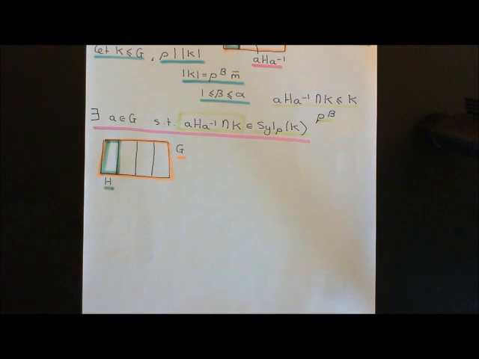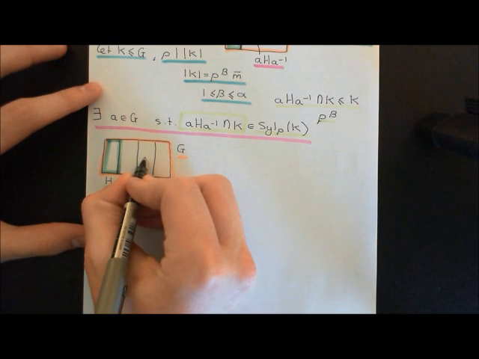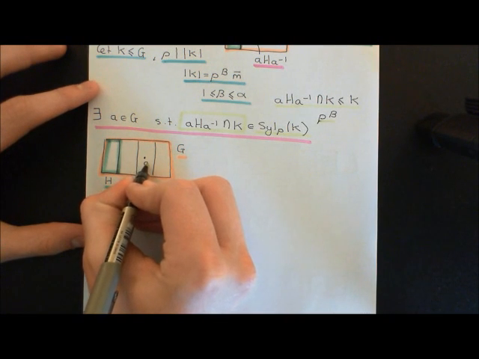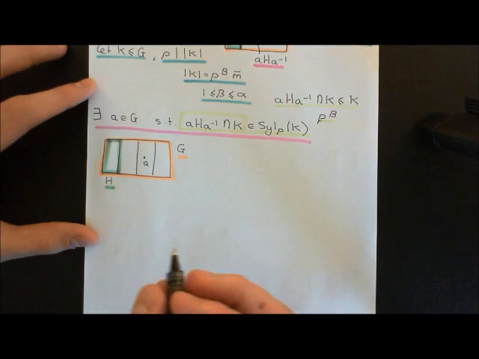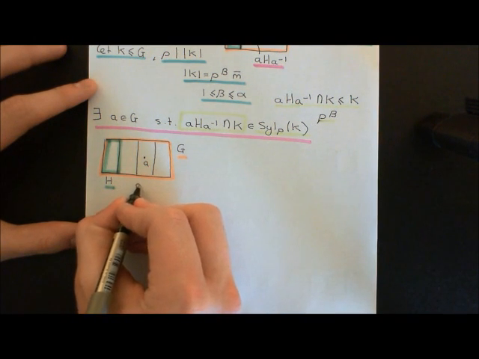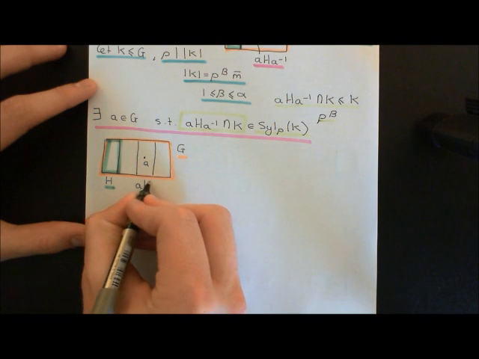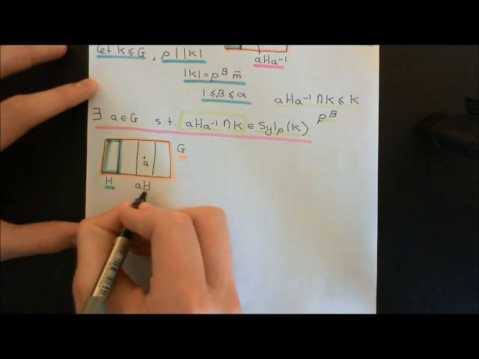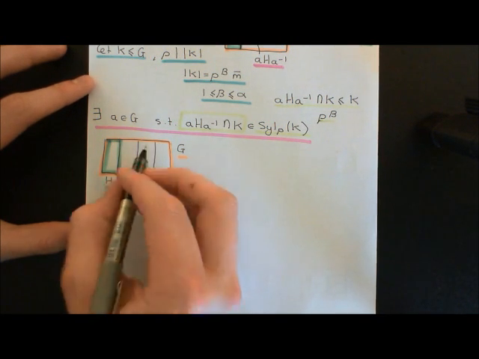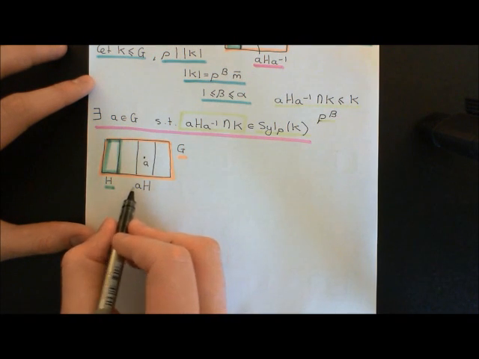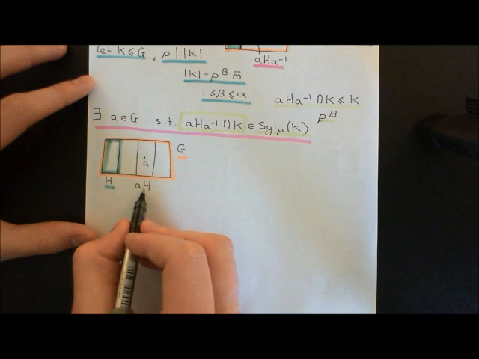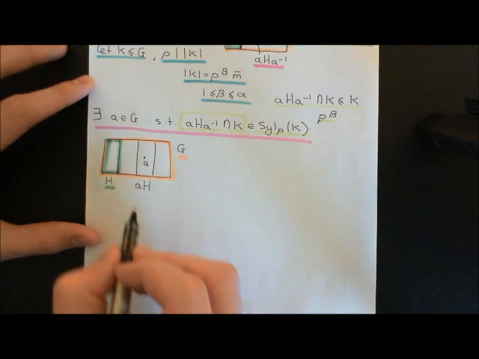Let me just remind you of the definition of a left coset. For instance, let's take this one here. This might be the left coset that contains the element little a. We could then write it as the left coset of the subgroup capital H under the element little a. You can pick any representative you like from this left coset, and if you use that element to generate a left coset, it will give you the exact same set.